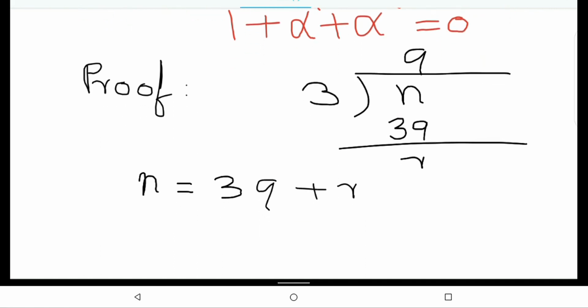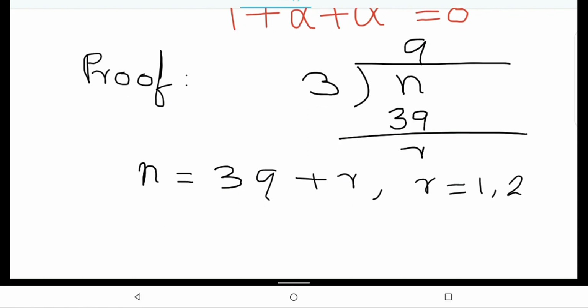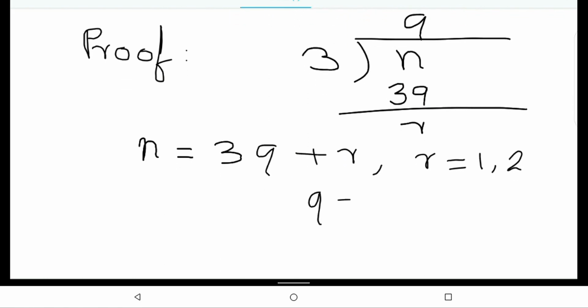Now since n is not a multiple of 3, the remainder cannot be equal to 0, so it must be 1 or 2. Further, the quotient can be 0 or 1, 2, 3, and so on.